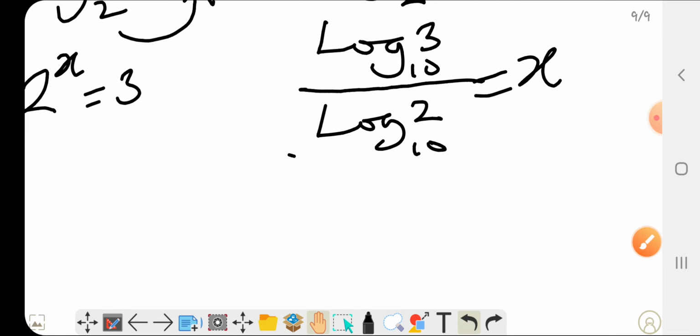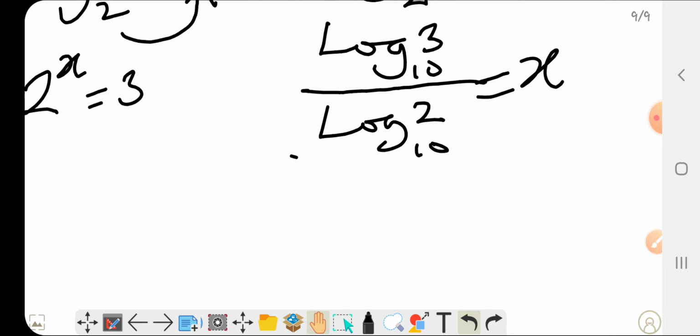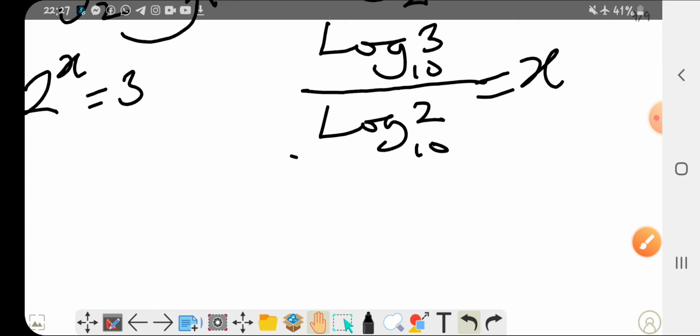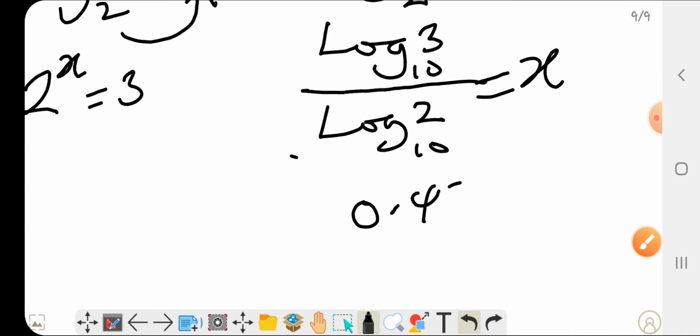We're going to have log 3, and definitely log 3 equals 0.4771. So this log 3 will give me 0.4771. 0.4771 divided by log 2 is going to give me 0.3010.